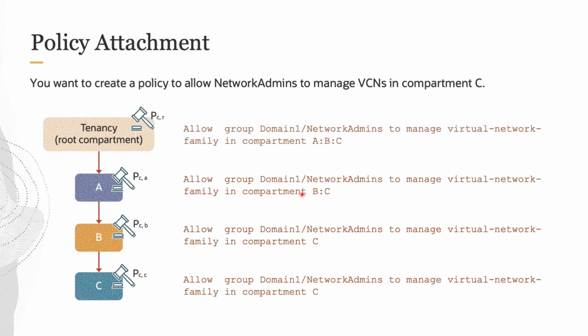The same logic applies if you write a policy in the root compartment. You have to provide a complete path here, so you have to write it as A:B:C. By doing this, we are allowing the network admin group to manage VCN in compartment C only. But we are attaching it at different levels to define who can control the policies.